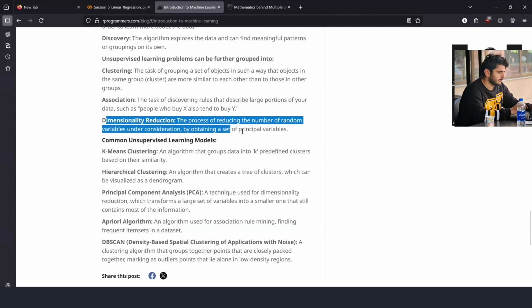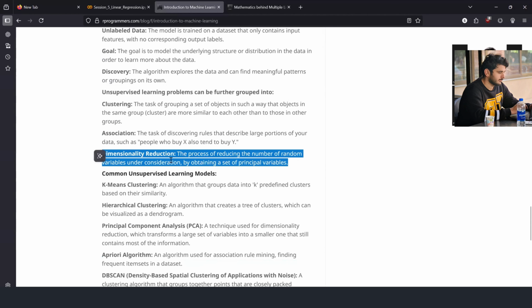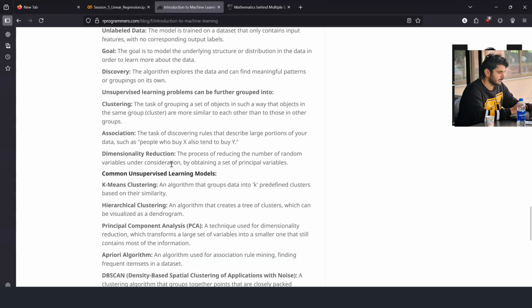The third thing we can use unsupervised machine learning for is dimensionality reduction. Suppose we have a data set with 10,000 columns, and we want to train some machine learning models and generate predictions. But 10,000 columns are quite a lot to handle, and there comes dimensionality reduction.